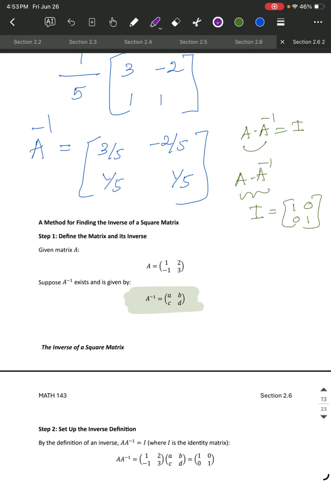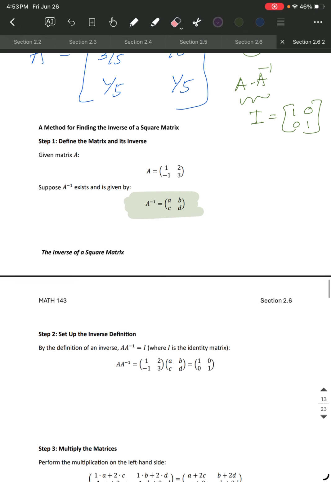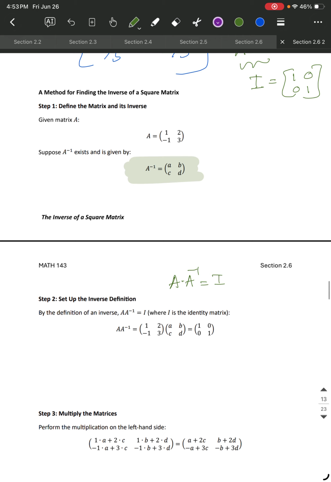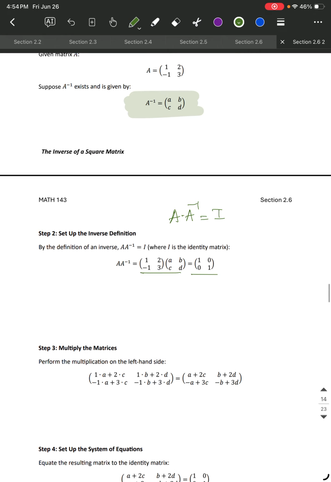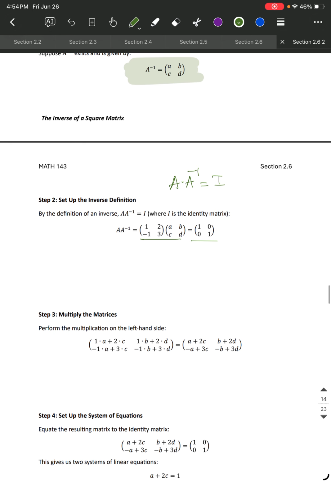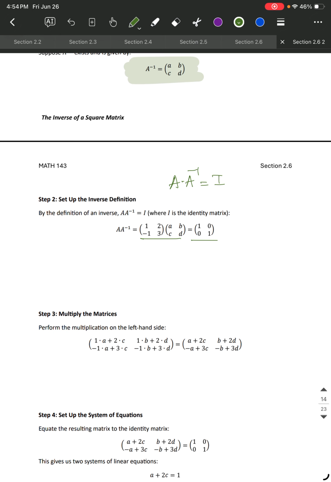But by the definition, we know that A times A inverse will give us the identity matrix. By multiplying these two, we will get this. You already know how to multiply two matrices. So then we can compare the corresponding entries.